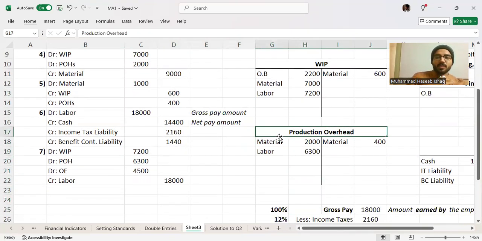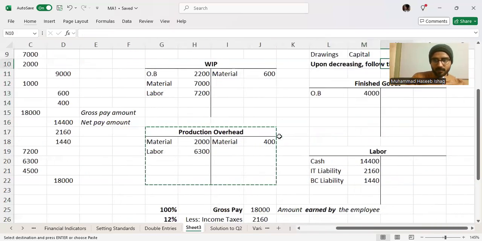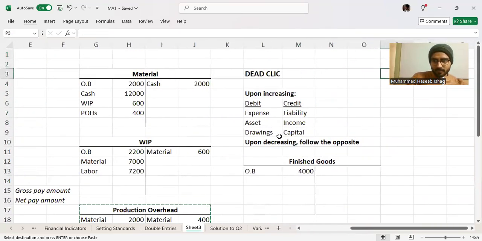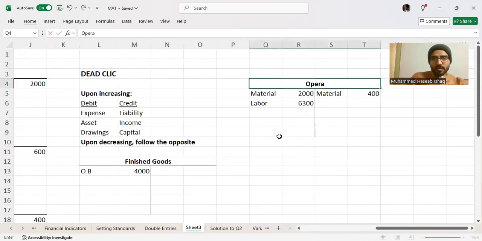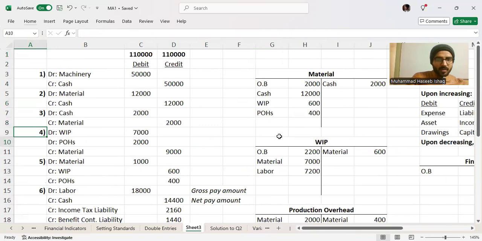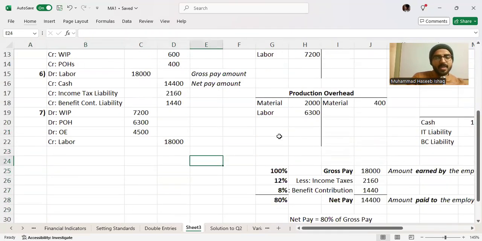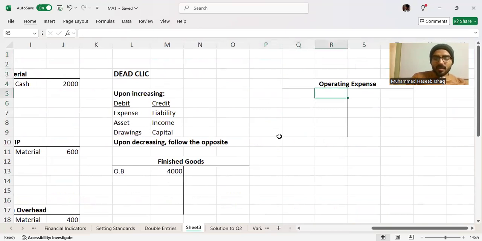And the operating expense account, we didn't make it, so we can make it now. In this transaction, the operating expense account is being debited. So we have to choose the debit side, the left side, 4,500, and we write the name of the opposite account that was being credited, the labor account.